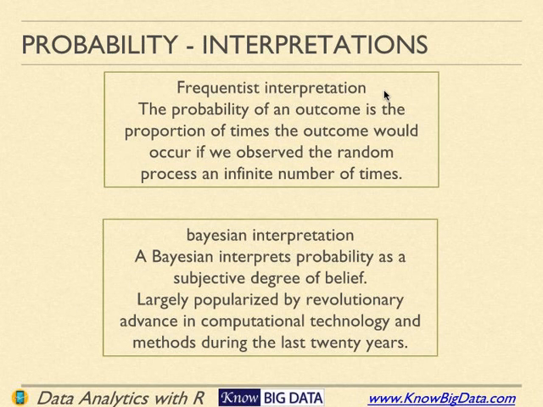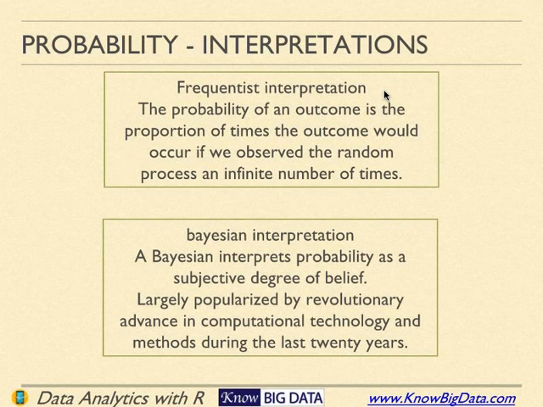Similarly, if you toss a coin and it came up head, the frequentist will believe that the next one will be tail. I'll show you a few more examples of the frequentist interpretation of probability. You will find that you are one of the frequentists actually.